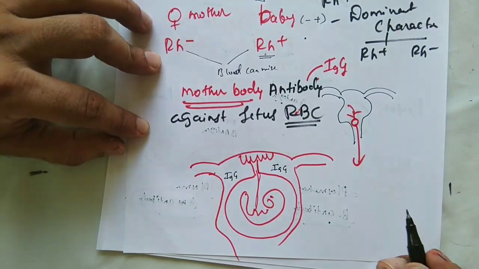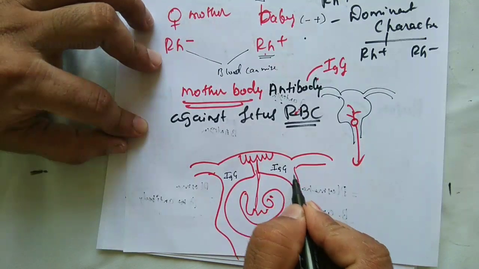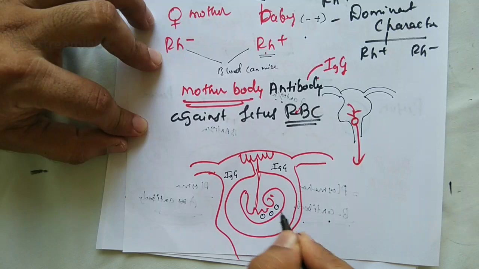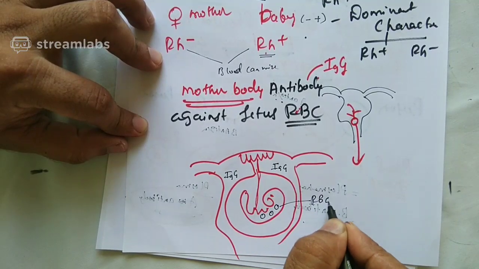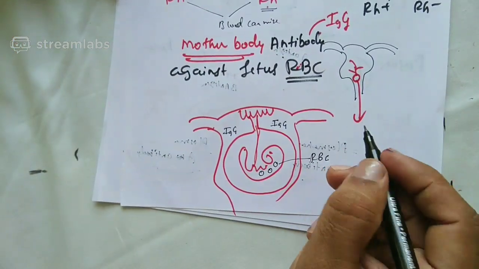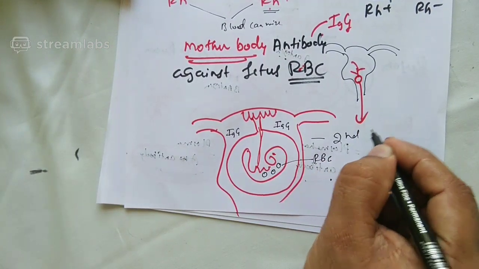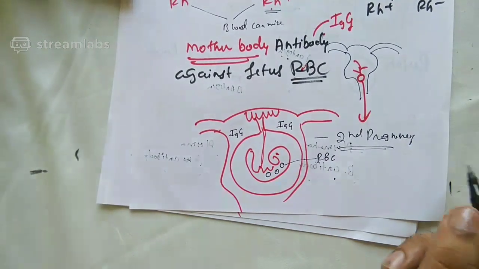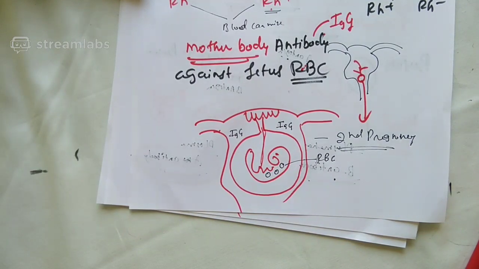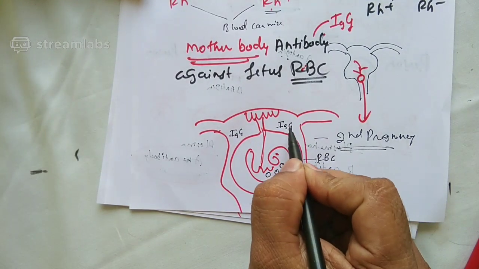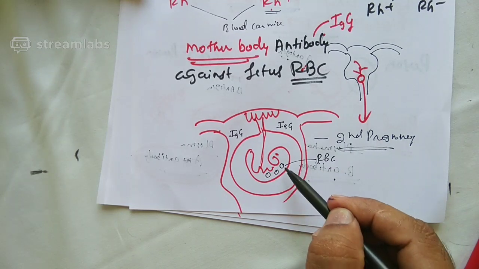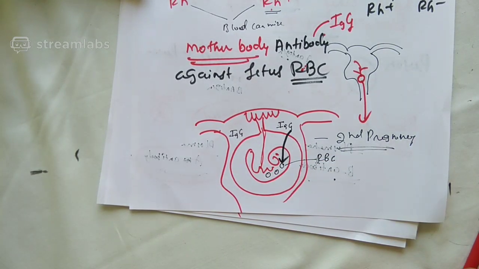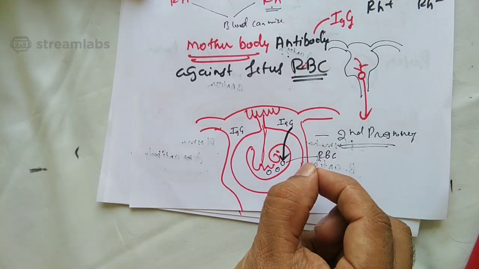This IgG is against, and fetus has what? Fetus has RBC. So I'm telling this condition in where? In a second pregnancy. In second pregnancy, the IgG of the mother, which is produced against the RBC, will attack the RBC. As it attacks, the RBC gets ruptured.